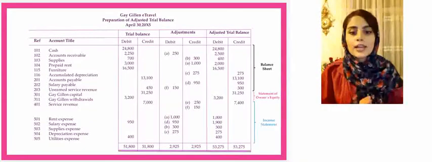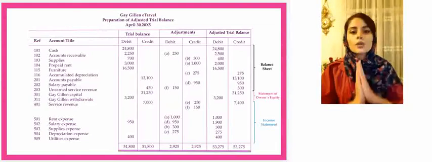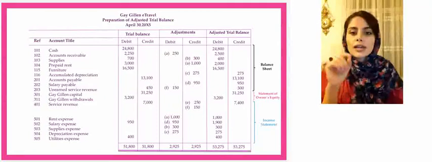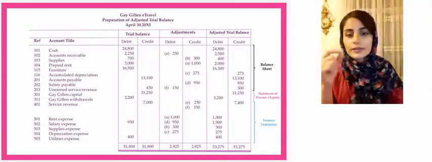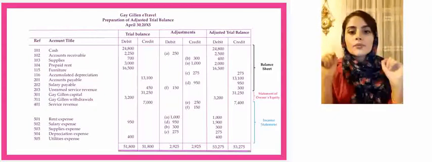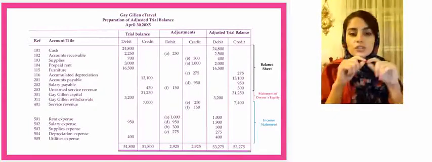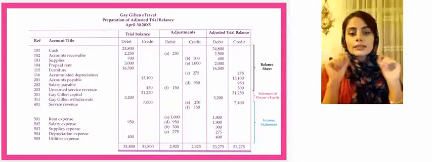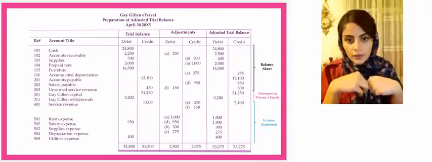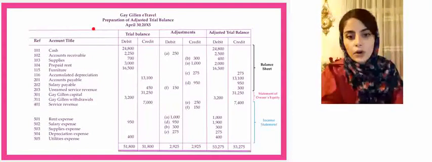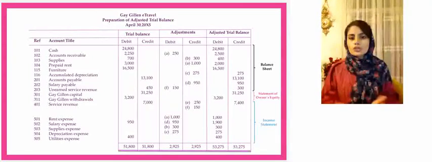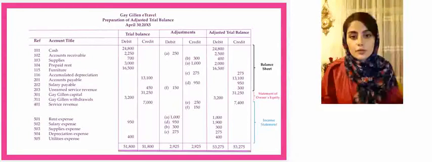Here, you can see the adjusted trial balance. When we want to create each financial statement, we should pay attention to some parts: the heading and the body of the statements. For the heading, on the first line, we should write the name of the company, which here is Giggle Travel. On the next line, we should say what we want to prepare.